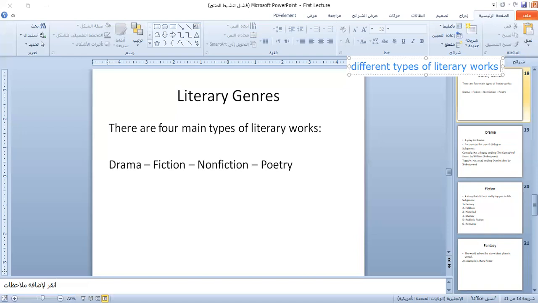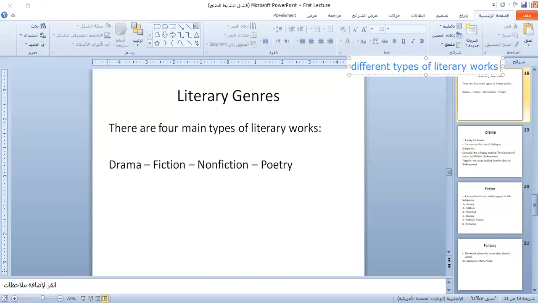Now, someone might ask, can't drama include fiction? The answer is yes. You might have a play that is fictional. And at the same time, can't a poem be fictional or dramatic? Of course, they can be in a general sense.